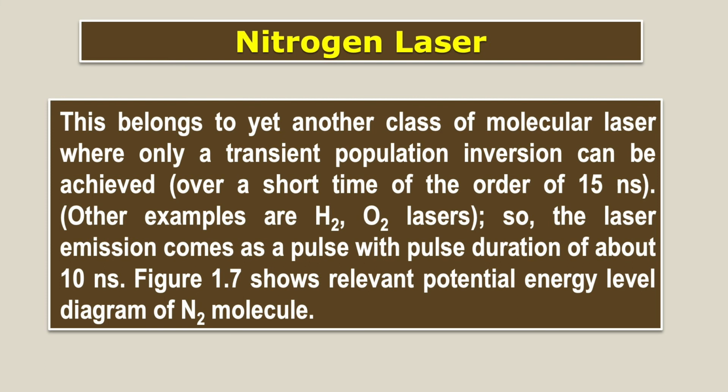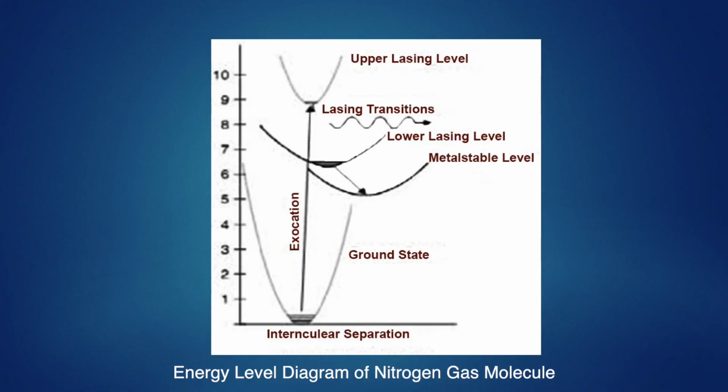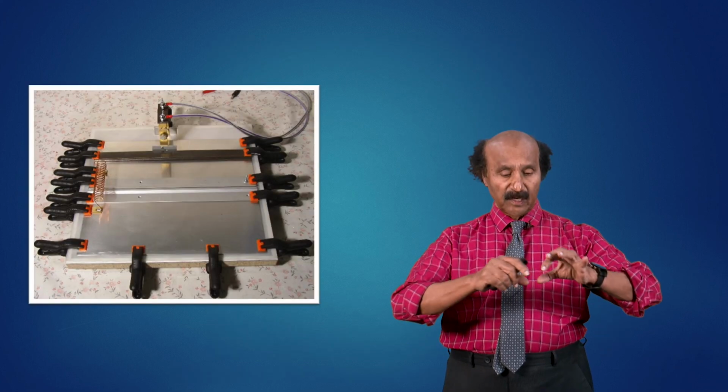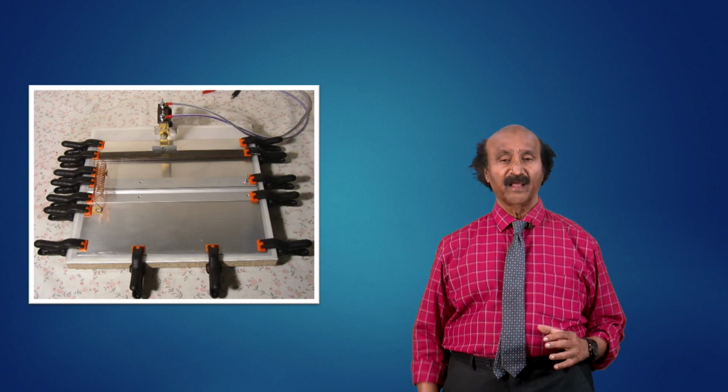Here the nitrogen molecule is compelled to produce laser action. The energy levels of a nitrogen molecule are given here. Let me explain the discharge channel. Yes, this is a totally new type of laser. In this case, we take nitrogen gas in a long tube of about 1 meter length.